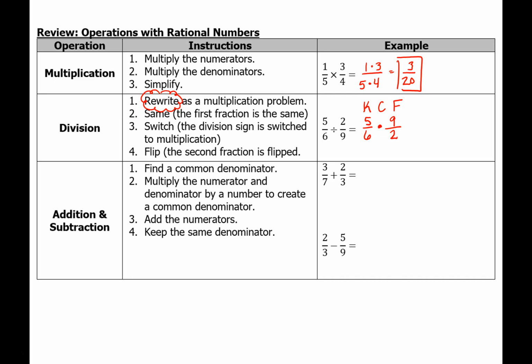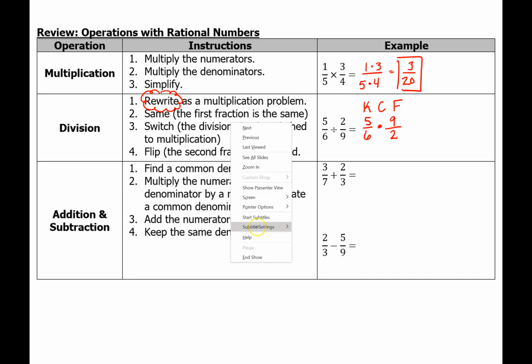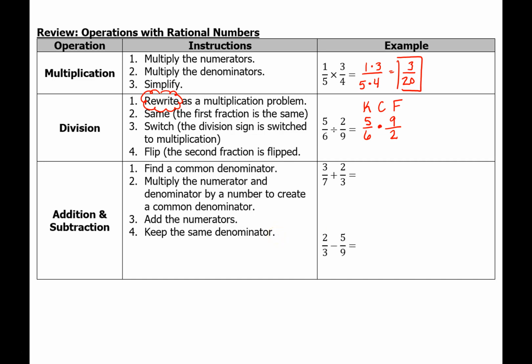Now in this one, I do see some factors that are going to factor out. So rather than just multiplying across the top, because then I'd have to do a bunch of simplifying, I'm going to go ahead and do my simplifying now while my numbers are small because it's going to make it easier. So what I see here is 5 and 6 don't simplify and 9 and 2 don't simplify. But because this is multiplication, 9 and 6 are both divisible by 3.